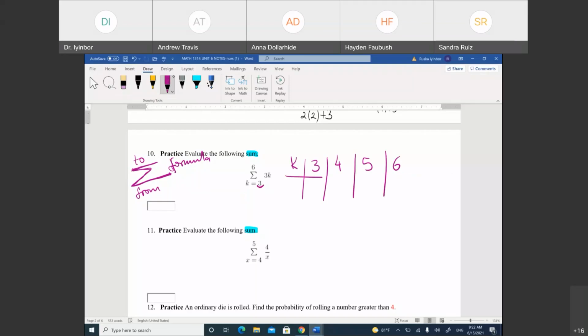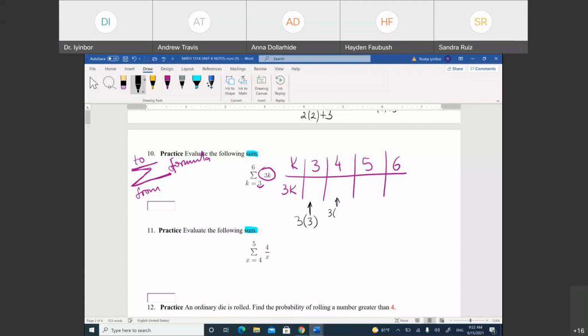And then the formula to calculate each term is 3k. So this is the formula here, 3k. And then you do the same. You're going to add them in the end. You have 3 times replacing k with 3, so it's going to be 3 times 3. The next number is going to be 3 times 4.